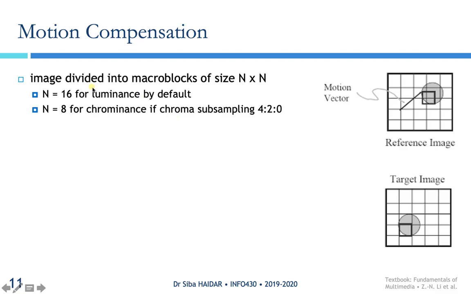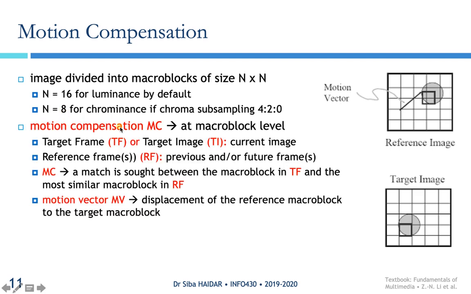So if we take greater macro blocks, the equivalent macro blocks for the chroma, for the same image space, will be of size 8 by 8. So we divide into macro blocks, and then we apply the motion compensation. Remember this term, MC, to say motion compensation, at each macro block level.